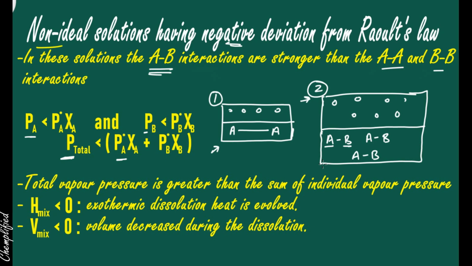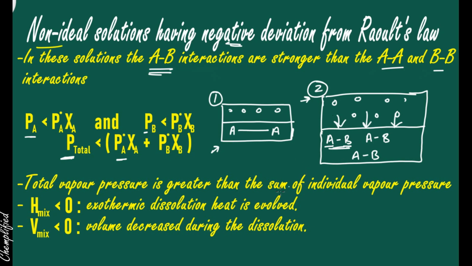They do not want to evaporate, and since they already have a strong bonding with each other, the total pressure above the surface of the liquid will decrease, right? That's why the total pressure is less than the pressure calculated by Raoult's law.